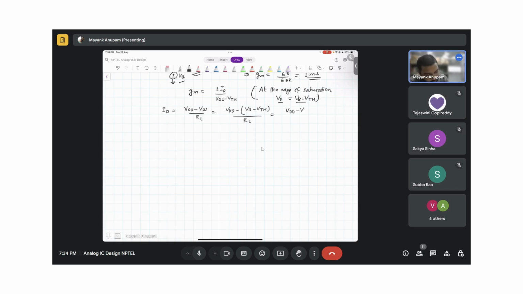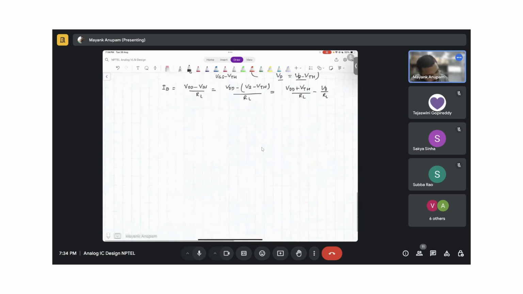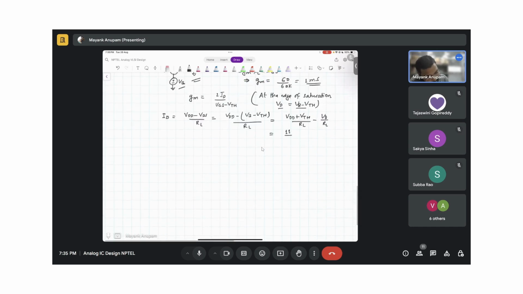VDD plus VTH minus VB, all by RL. Correct. So what is VDD? 10 volts, right? VDD was 10 volt. So this is 10 plus 1, 11 volt, divided by RL, which is 60k, minus VB upon 60k. So this is my ID.